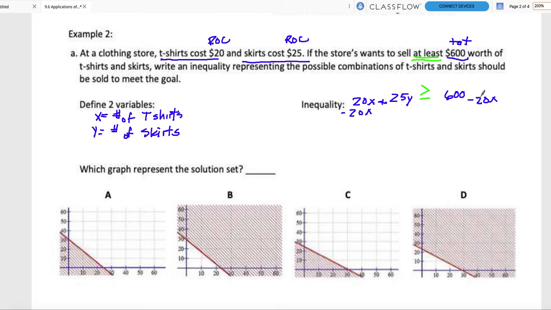And I'm funny, I like my slope to be in front. So that's going to give me 25y is greater than or equal to, I'm going to put the slope in the front, plus 600. And then I'm going to divide by 25.